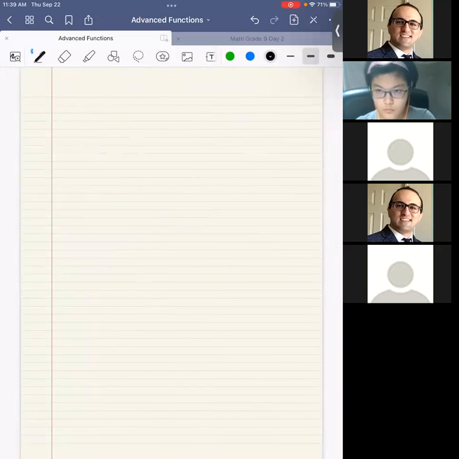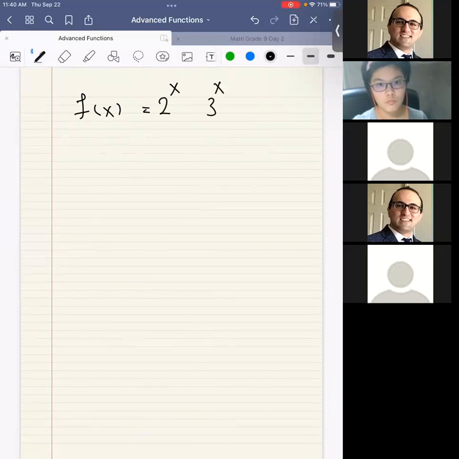Okay, now let's look at the exponential functions. I told you that for functions like f of x equal to 2 to the power x or 3 to the power x, the base can be any positive real number, like 1/2 to the power x.